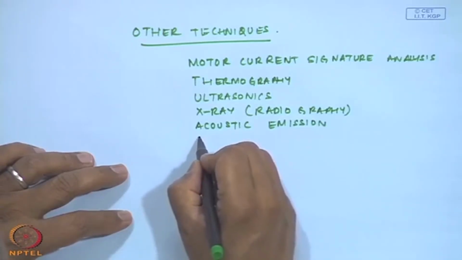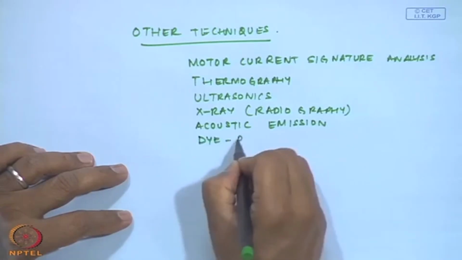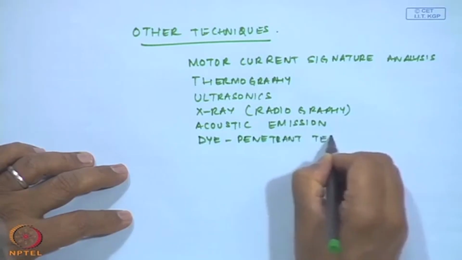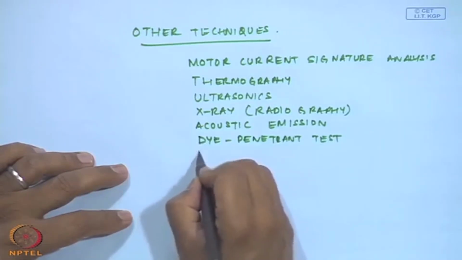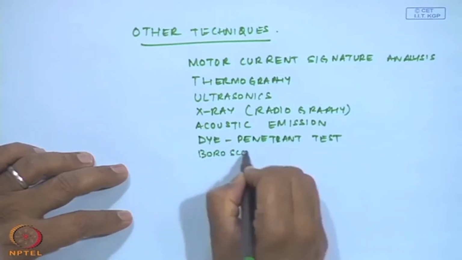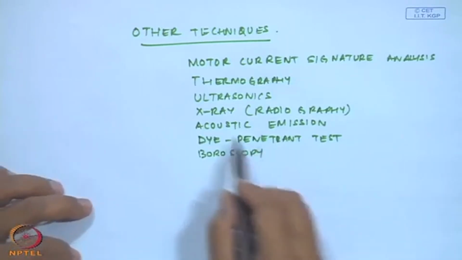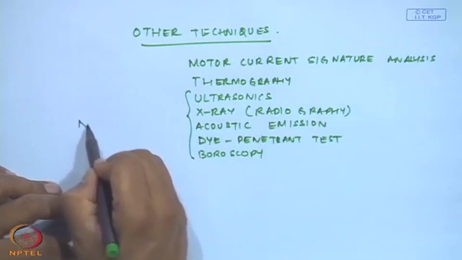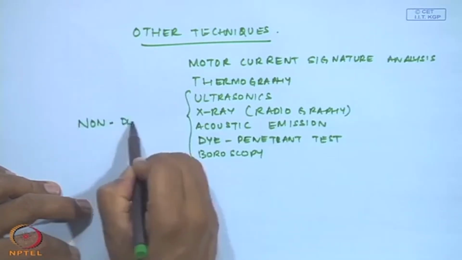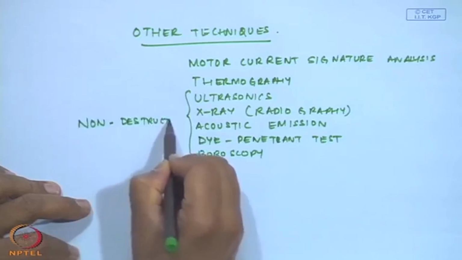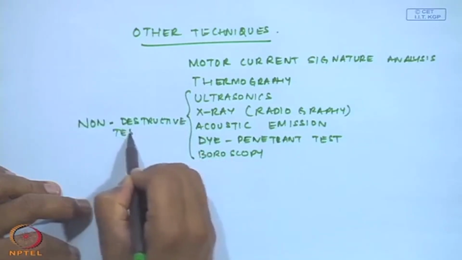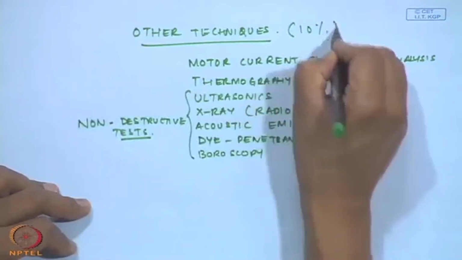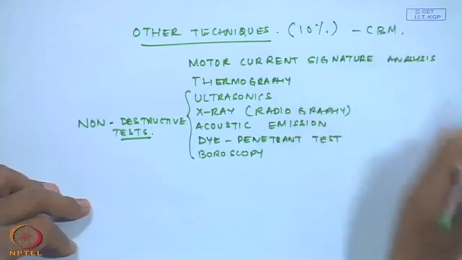Then we have dye penetrant test. Then we have boroscopy, etc. These are the non-destructive tests, NDT. So, this forms about 10% of the CBM throughout the world.